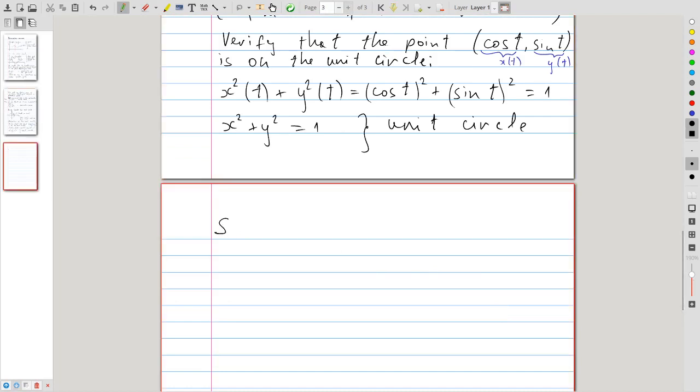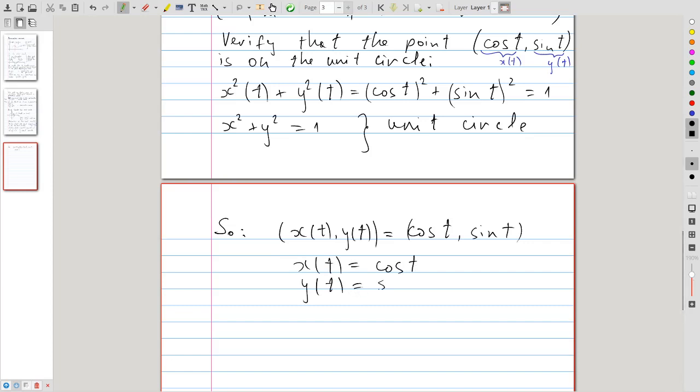So the takeaway is that the parametric curve x of t, y of t equal to cosine t comma sine t, or in a different notation, this could be written as x of t equals cosine t and y of t equals sine t, like so, with t being any real number.